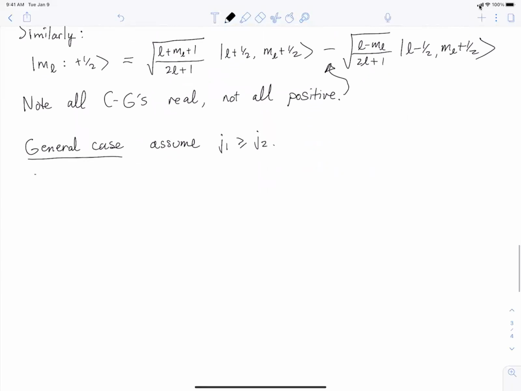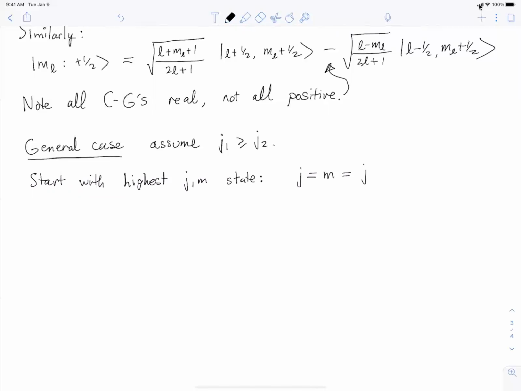Okay, and then we're going to start with the highest state, which means the highest J, M state. That means you choose J as big as it can possibly be, and you choose M as big as it can possibly be, and those are both the same number.